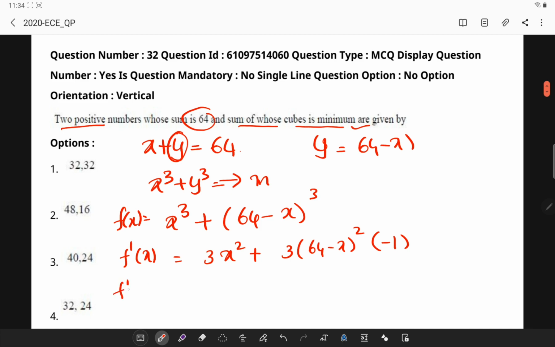So if I equate f dash x equal to 0, we are left with 3x square minus 3 into 64 minus x whole square is equal to 0.